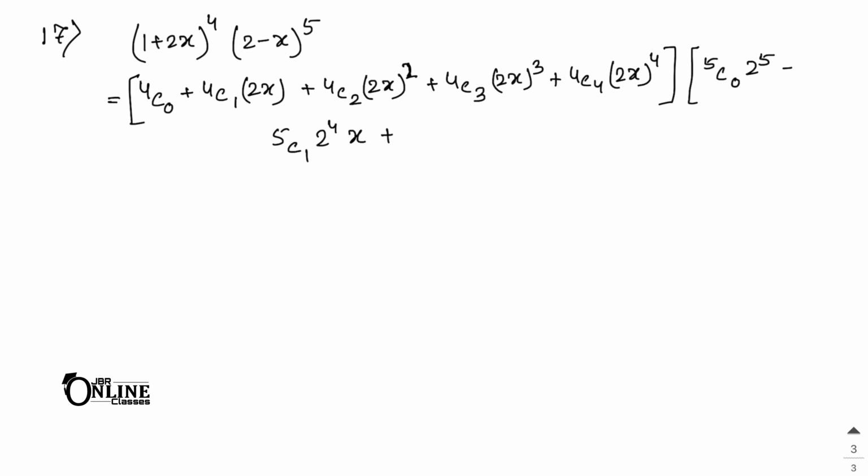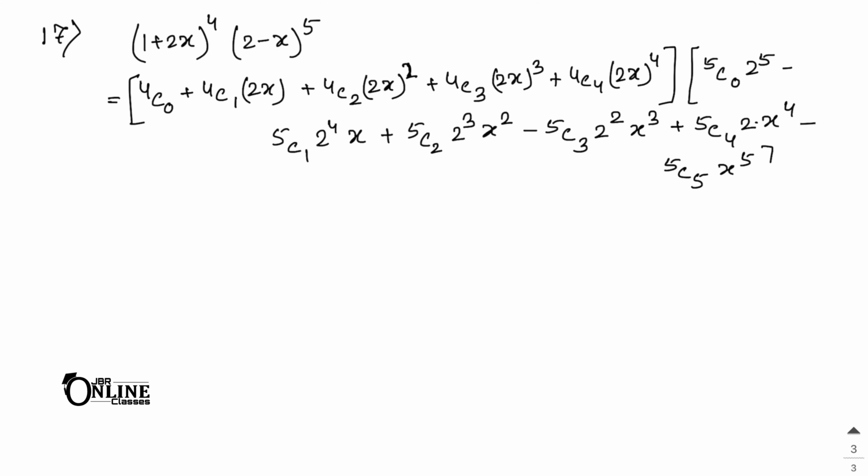Again positive, so here 5c2, 2 to the power cube, and x to the power 2. Again negative, 5c3, 2 to the power 2, here x to the power 3. Again positive, 5c4, 2 to the power 1, and x to the power 4. And last one will be negative, 5c5, 2 to the power 0 means 1, and x to the power 5. I hope it's clear.